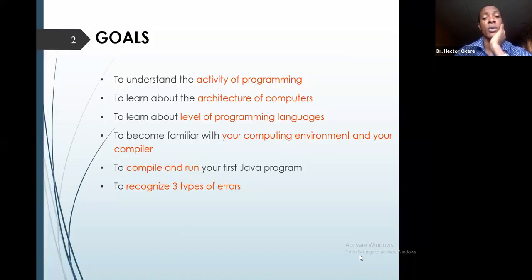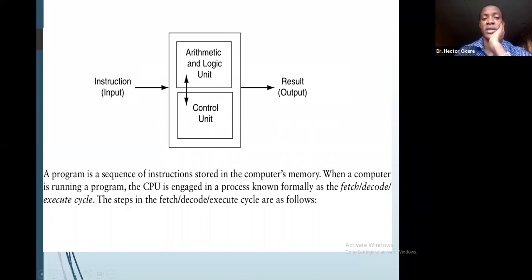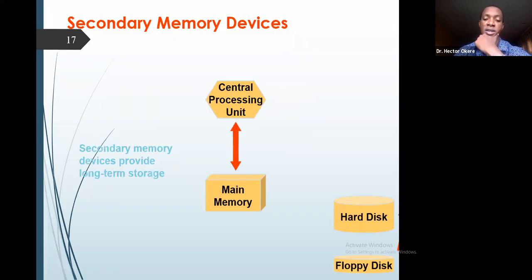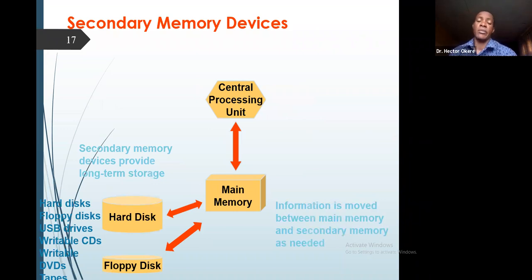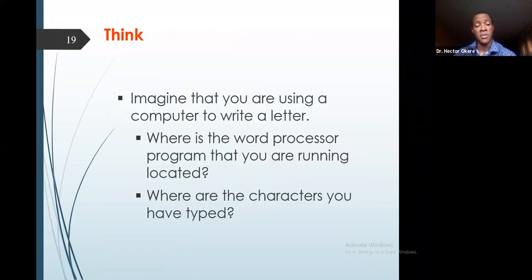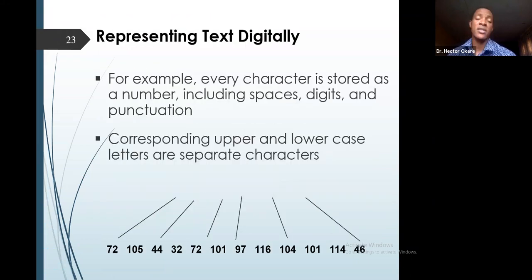So we learned about computer hardware, software, memory, CPU, hard disks, components of the computer, input, output, okay, software, system softwares and application softwares.